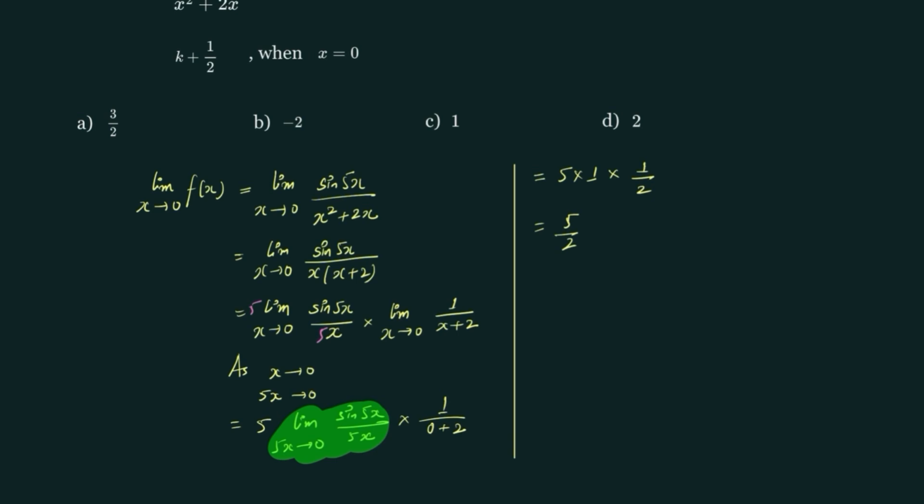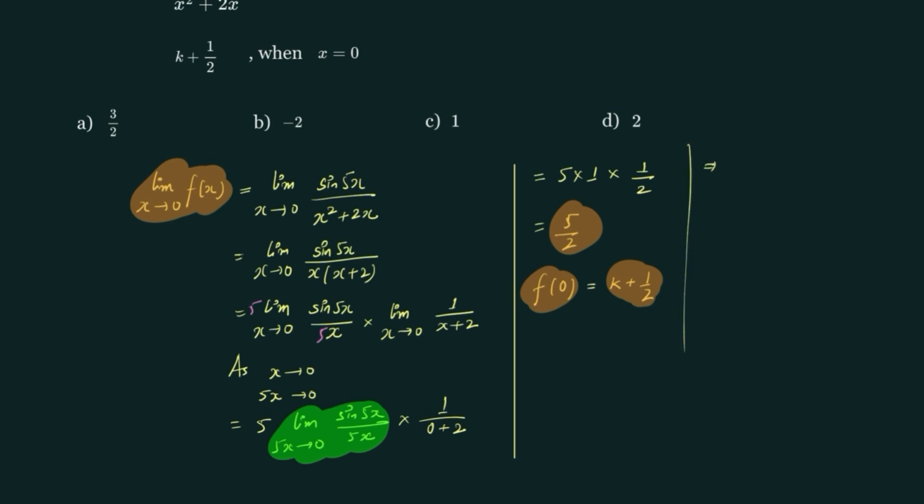So here functional value is f of 0, and we know that when the value of x is 0, the function is k plus 1 by 2. So now since the function was continuous, the limiting value and the functional value should be equal. That means 5 over 2 will be equal to k plus 1 by 2. So let us equate them.